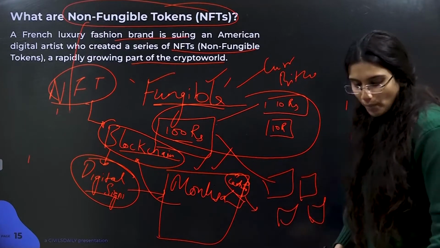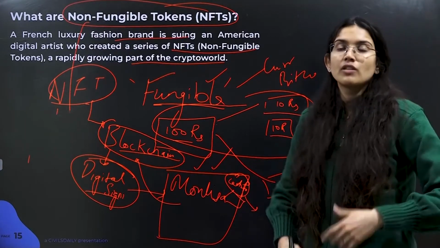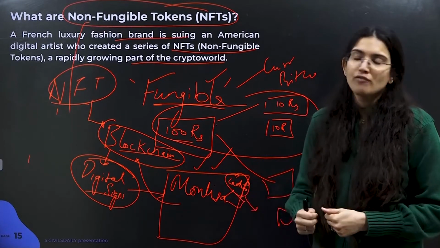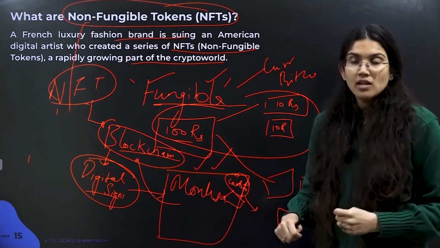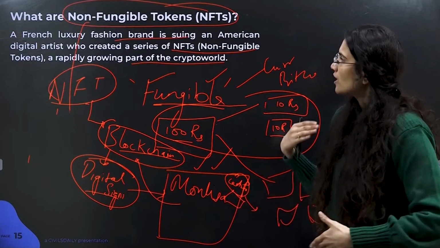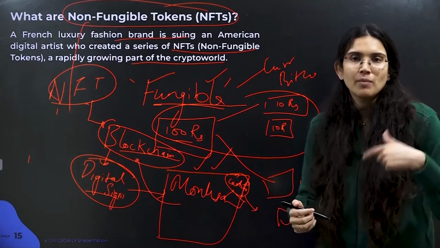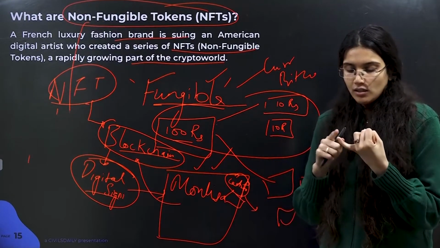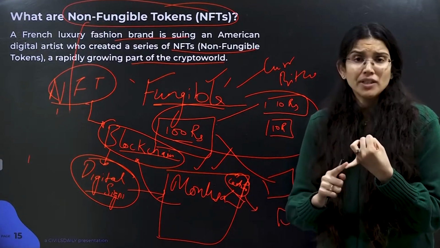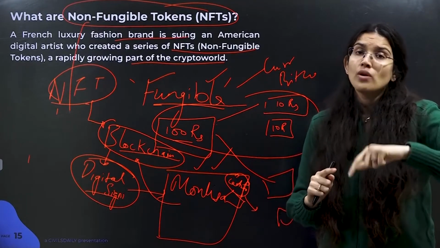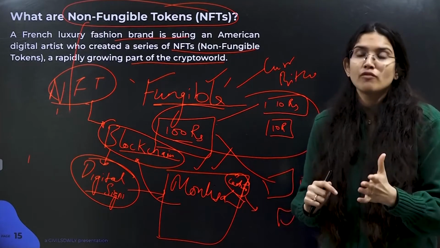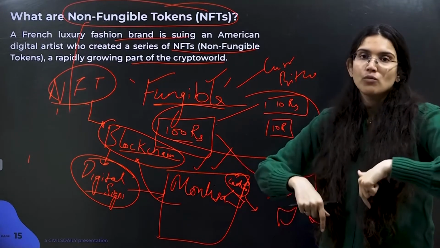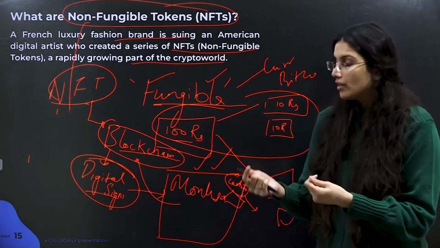So it cannot be copied, it cannot be sold without other people knowing, because we have the owner information as well as the seller information stored on this. Now, this kind of technology has been gaining a lot of importance and becoming more and more present in the news. We had the Twitter owner, right, who sold his first tweet for some billions through this NFT, because he got this NFT and then sold that particular tweet, right?